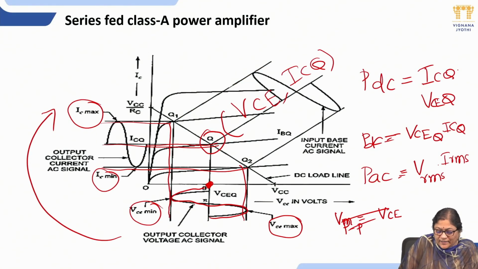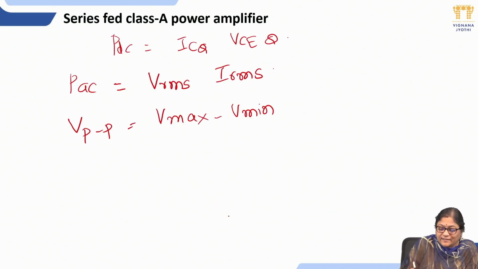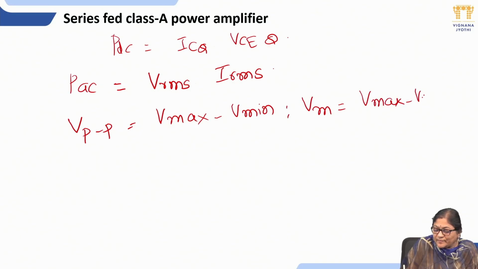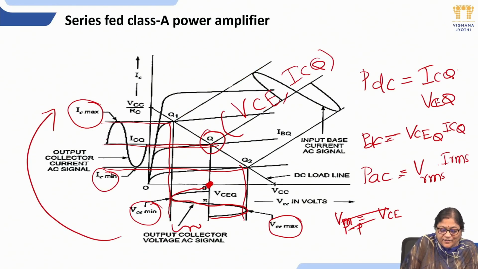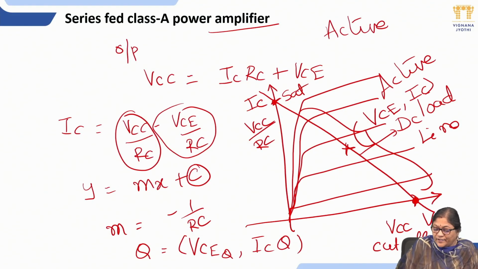I require only the maximum value, that is on one side, one portion. It is a symmetrical value. So I am considering Vm as V max minus V min, that is, one peak is V max, another peak is V min, divided by 2. On similar grounds, on ICQ, your IC maximum and IC minimum are produced from the output equation, which is VCC is equal to ICRC plus VCE, or IC is equal to VCC minus VCE by RC.